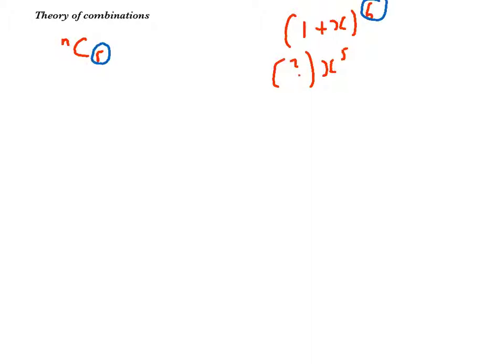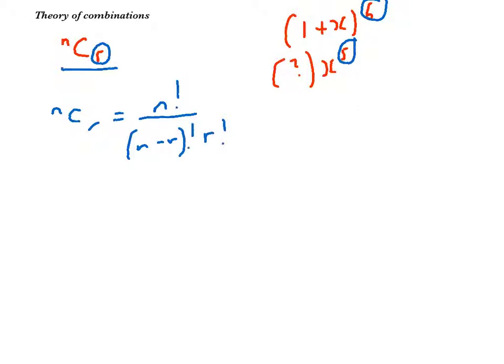My r is the power I'm looking for here, so 5. So we need to know first off what this n choose r is. So n choose r equals n factorial over n minus r factorial times r factorial.